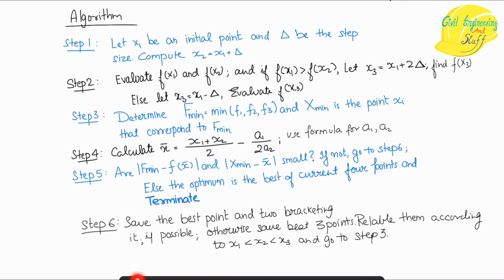If the value is not small, we go to step 6, take the best point out of the minimum values, and then move back to step number 3. So this is the algorithm for the functioning of the successive quadratic estimation method to find the minima of the point. We are going to discuss a numerical example of the same in the next lecture. So this is all for today.